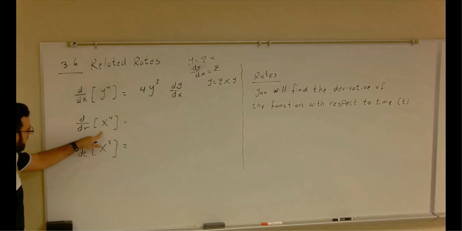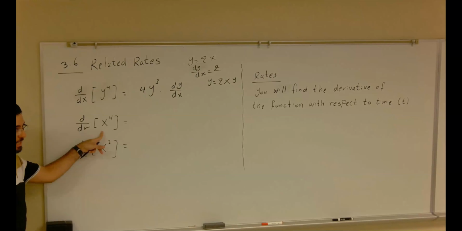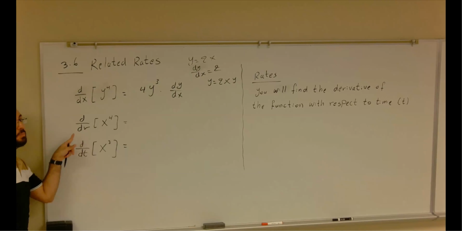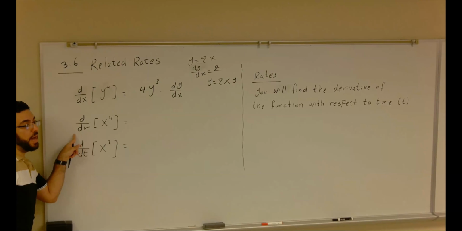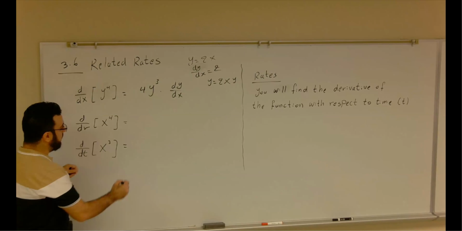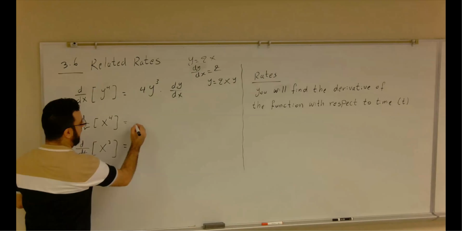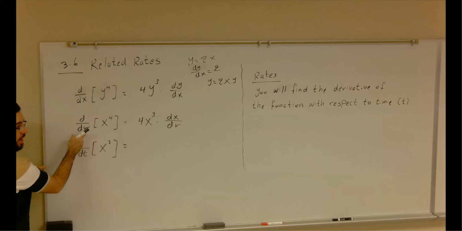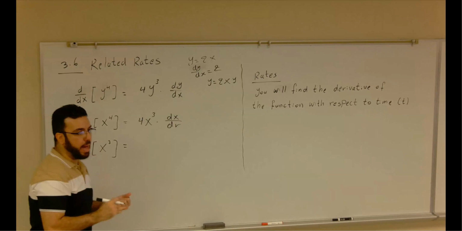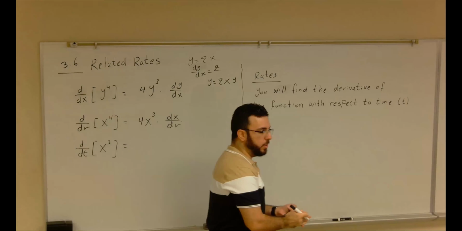The same thing here, but check what I have. I have x here, and I need to find the derivative with respect to what? To the r. That means the derivative of x, which is 4x cubed, times dx with respect to the variable r, okay? It doesn't matter, maybe r is radius, the volume, the time.